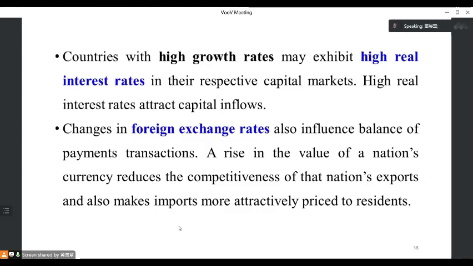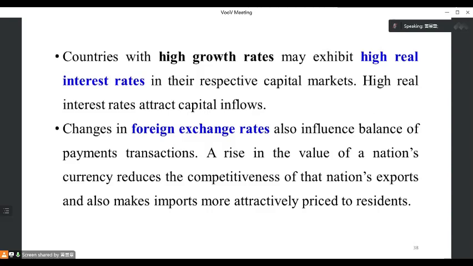From this page, we should understand how the high growth rate influences the balance of payments, and how the foreign exchange rate, especially the spot foreign exchange rate, influences the balance of payments. The first paragraph tells us how high growth rate influences capital flow.